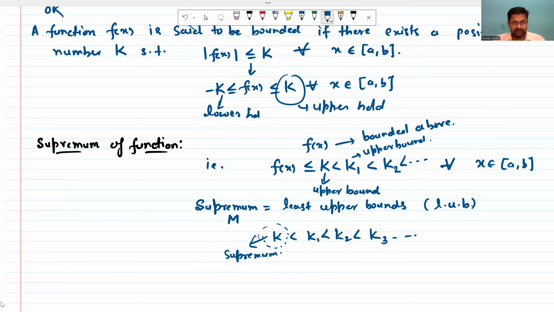तो अगर हम इस M को सुप्रीमम कह रहे हैं, तो this implies that two conditions should be there.